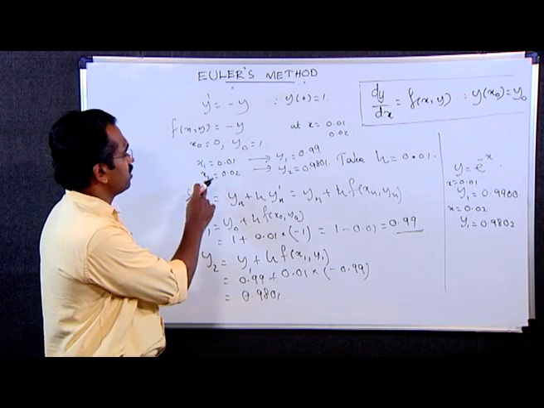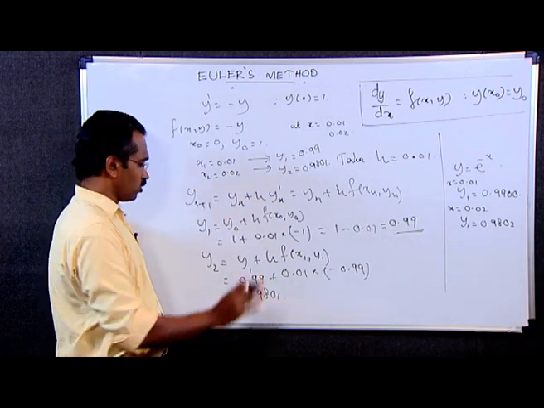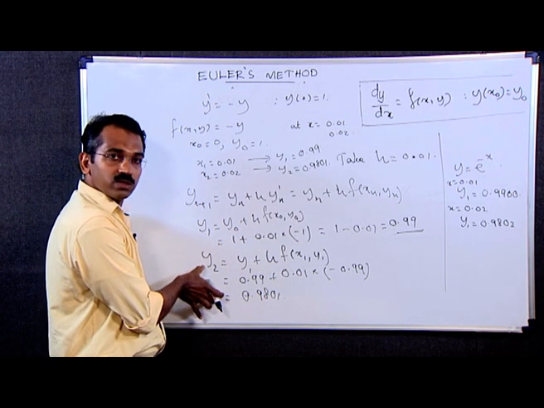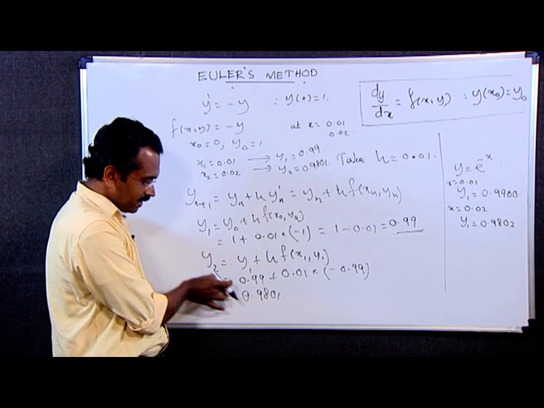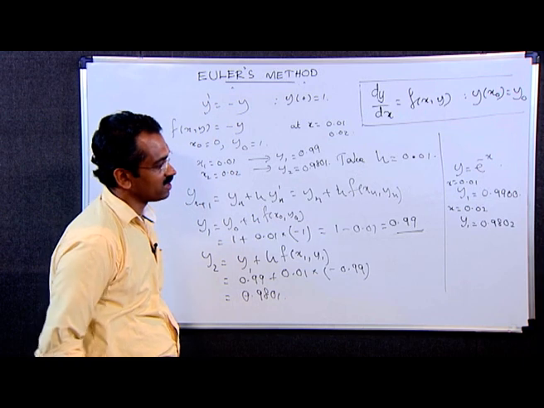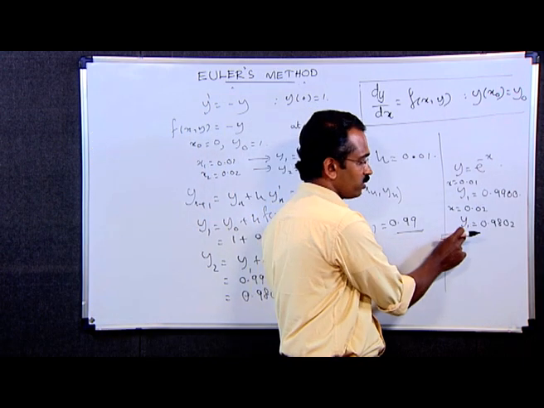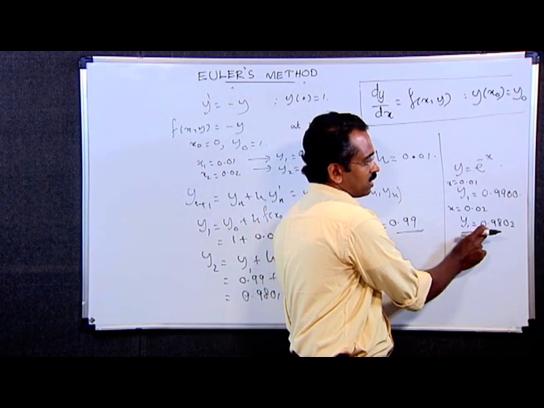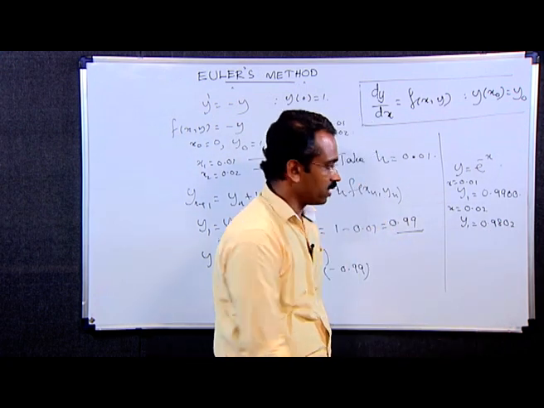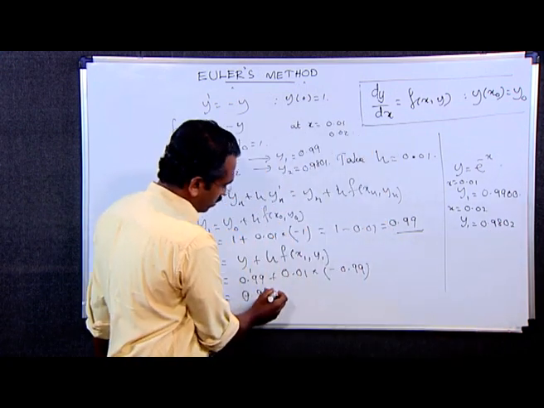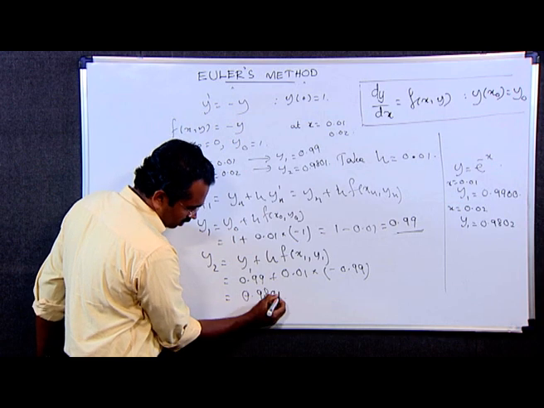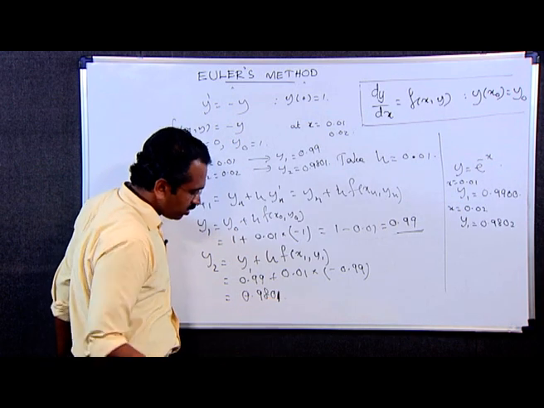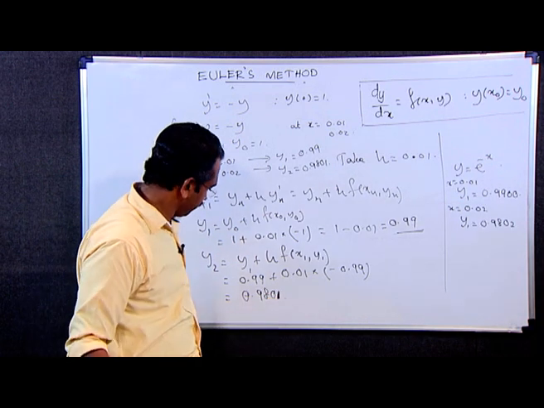In the second case, for x2 is equal to 0.02, from Euler's method the value of y is 0.9801, but the actual value is y1 is equal to 0.9802. Here by Euler's method it is 01. Therefore, there is a small error in this case.